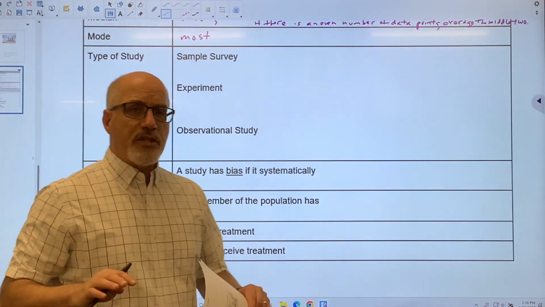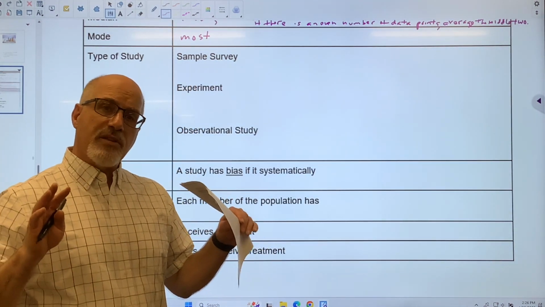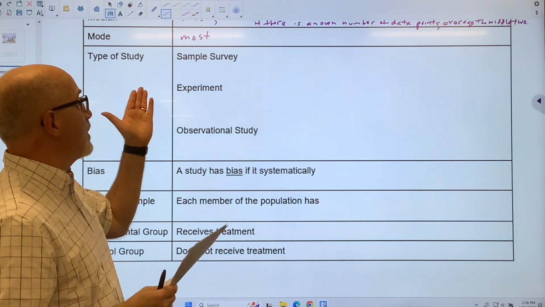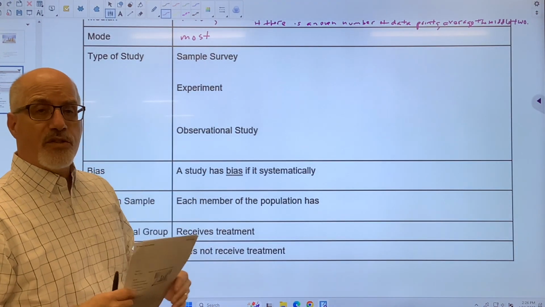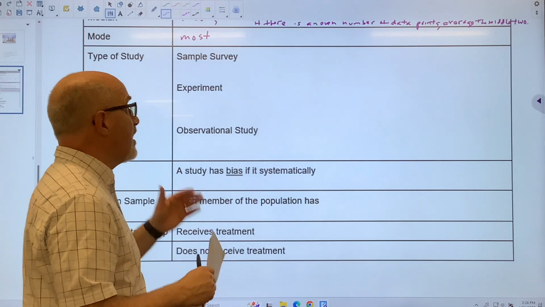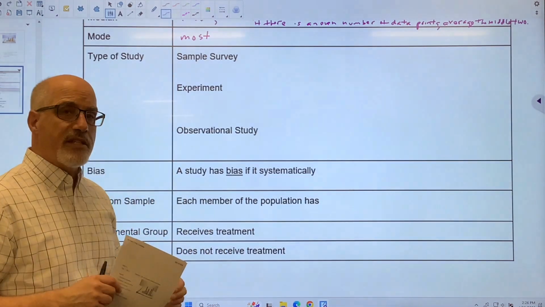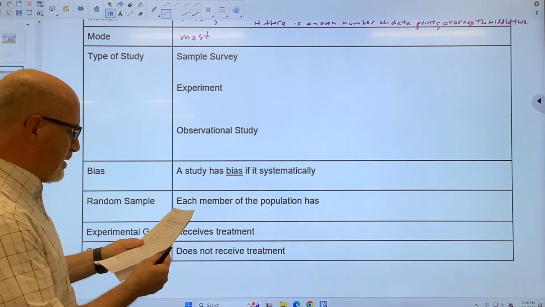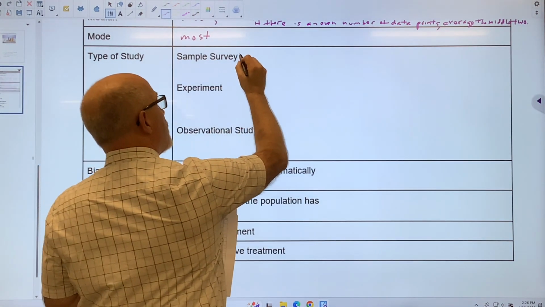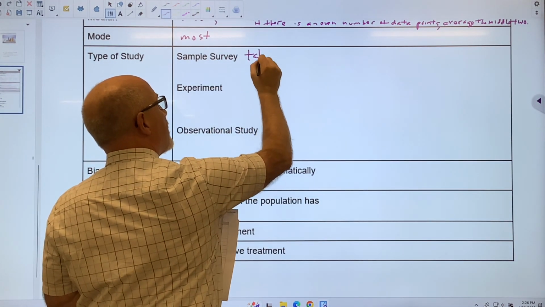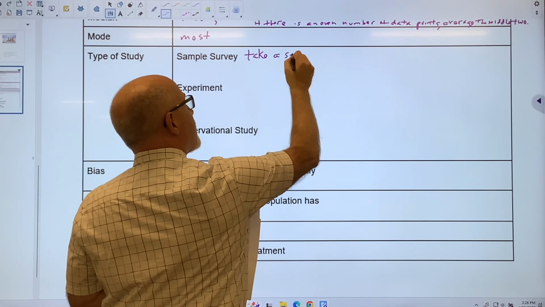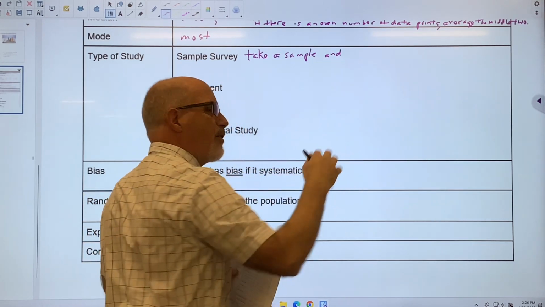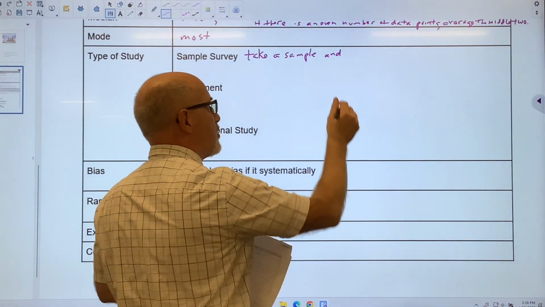Now let's finish this off by talking about how we actually gather the data. So let's talk about how we do a study. If we're going to do a statistical study, there are three types of studies that we're going to talk about. The first one is a sample survey. This is where you take a sample and ask everyone in the sample the same questions.